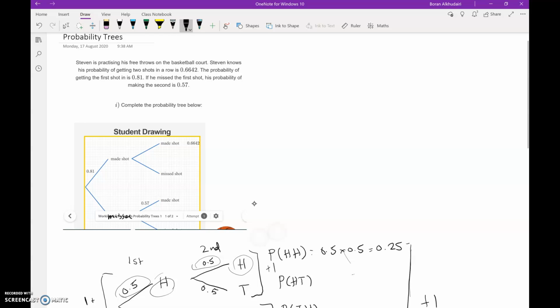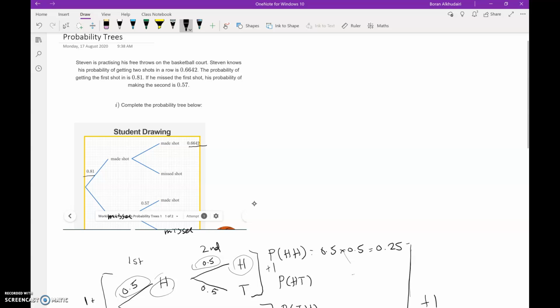Misses. And this is misses as well. If he misses a shot, then his second shot is 0.57. We also know that the probability of getting 2 shots is 0.6642.